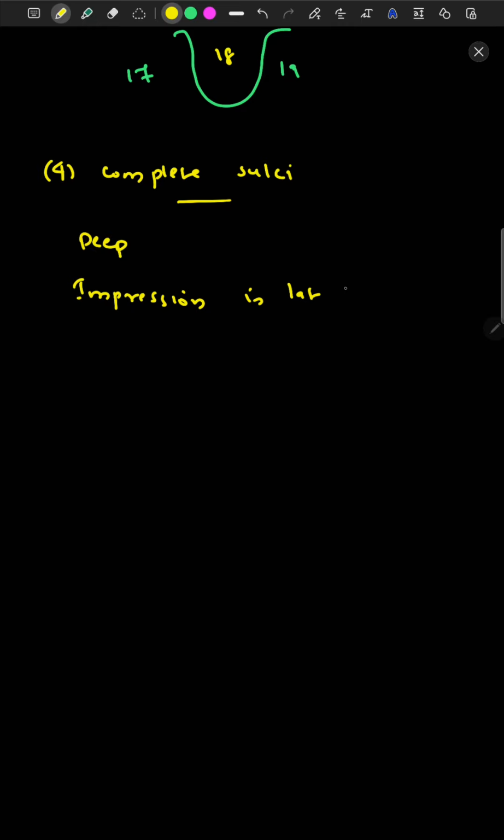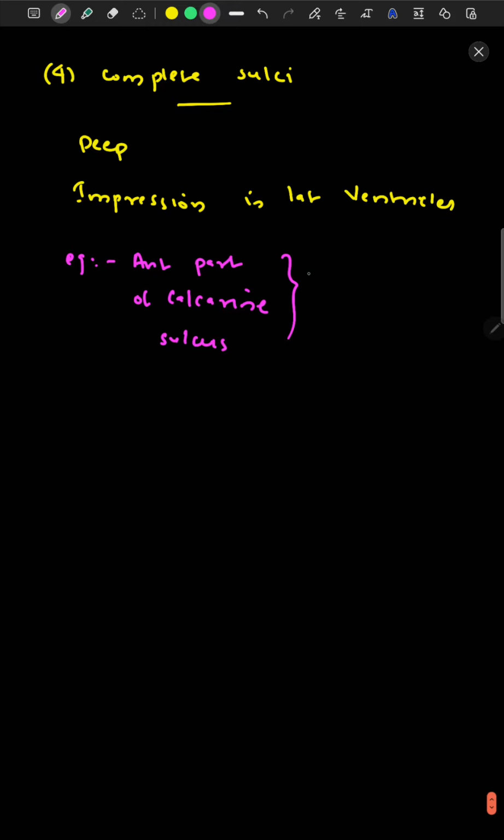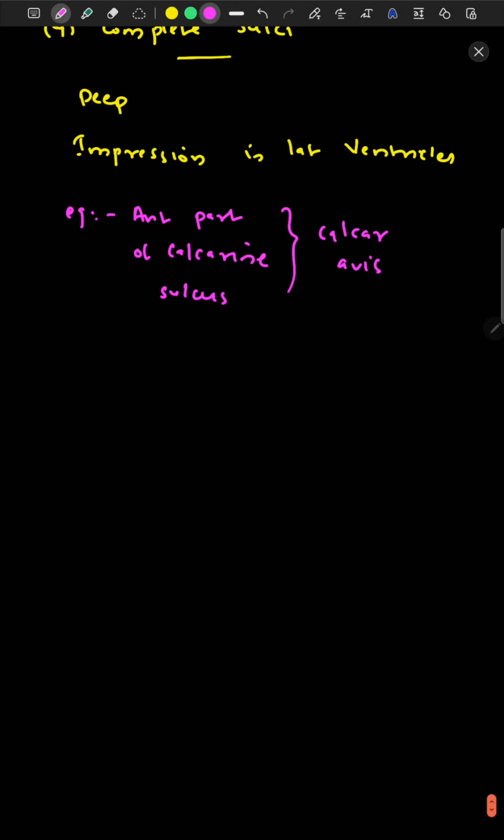For example, the anterior part of the calcarine sulcus, that is called calcar avis, and the collateral sulcus, which is known as the collateral eminence.